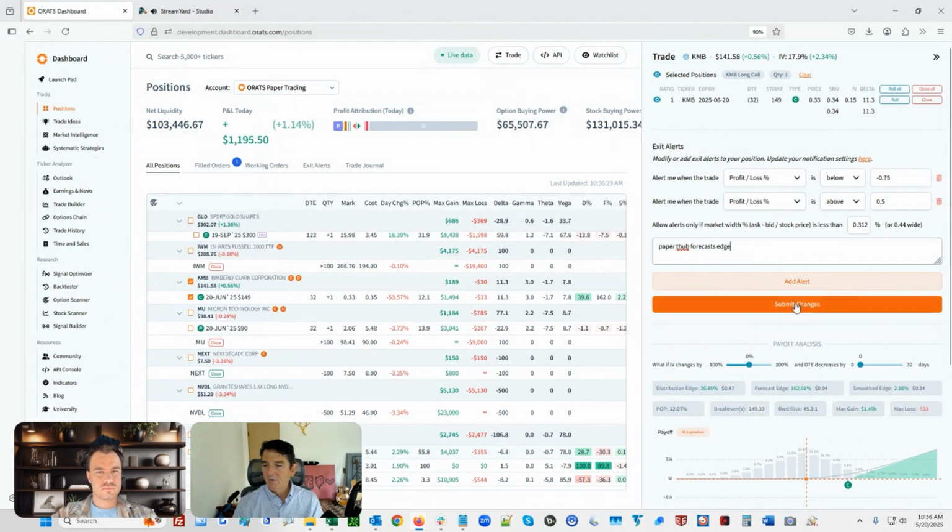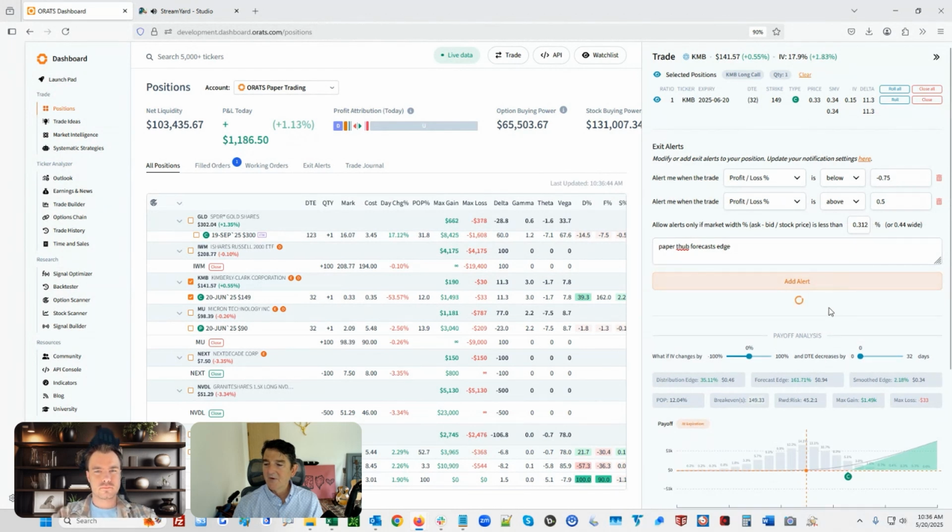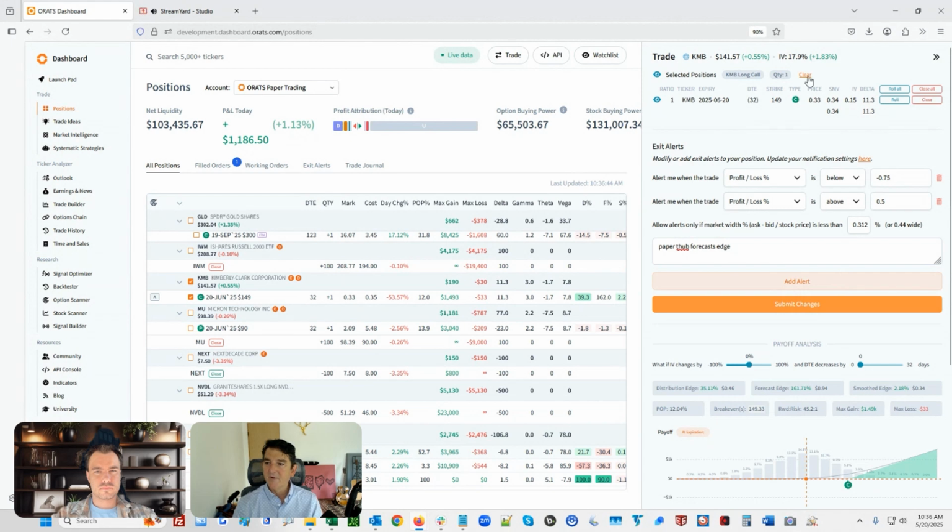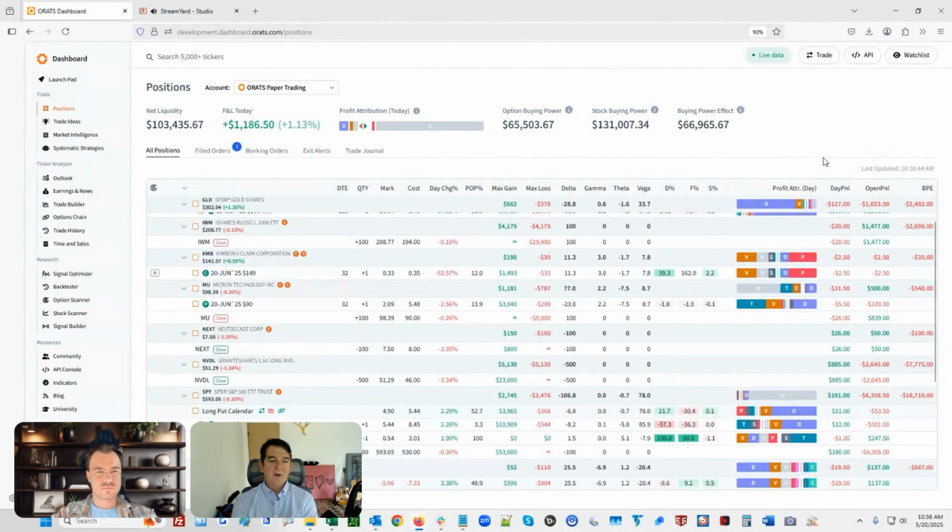We'll get an alert, and if it's not too wide, if it goes way wide, we don't want the alert. But if it's a normal width, we want to get an alert and then think about trading out of it. All right, awesome. Looking forward to seeing how that trade does in a few weeks.